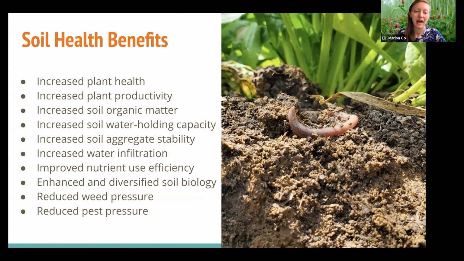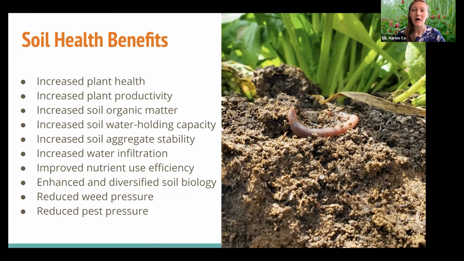Increase our soil aggregate stability. Those aggregates that Stephanie showed us help with water infiltration. So that water can percolate through those soil aggregates and then be held deeper in our soil profile for longer, and then also help to manage and maximize nutrient use in our soils, help promote and stimulate different soil biology and microbes.